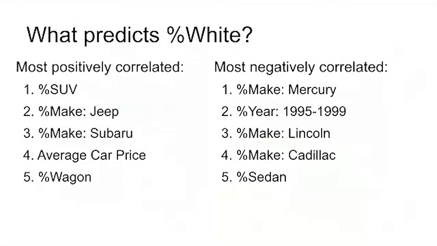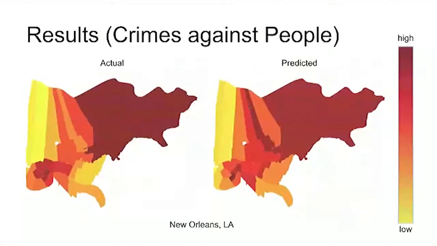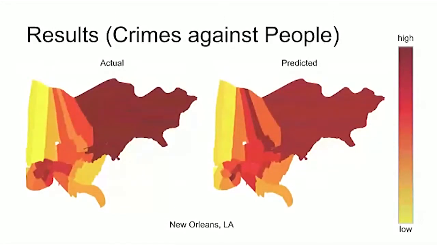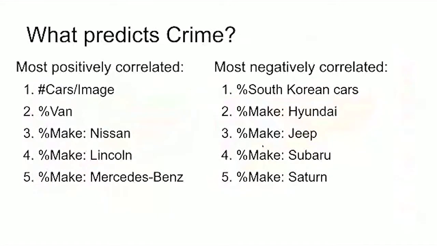And finally, can we predict crime rates? Yes. Here are, again, actual versus predicted crime rates for some cities. This is New Orleans, I guess. And again, this is a very interesting one. The most positively correlated car attributes with crime rates are the number of cars per image and the percentage of vans in a zip code.